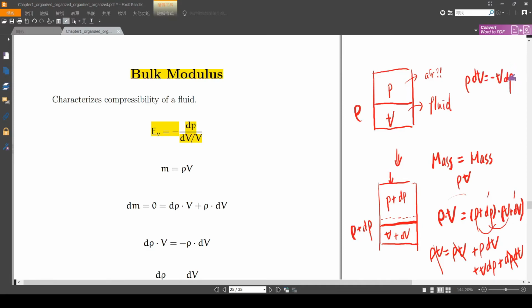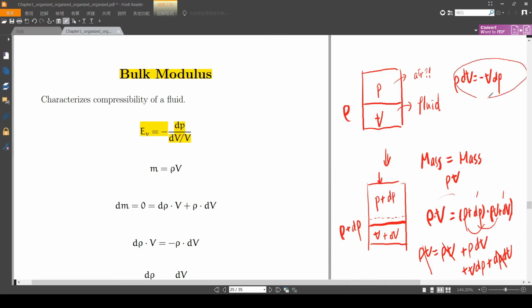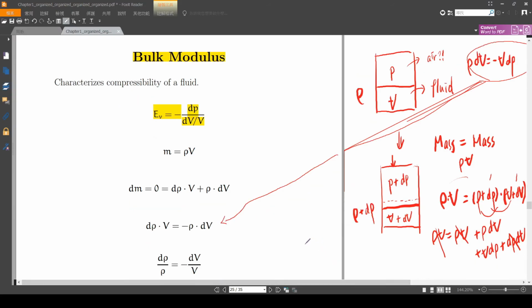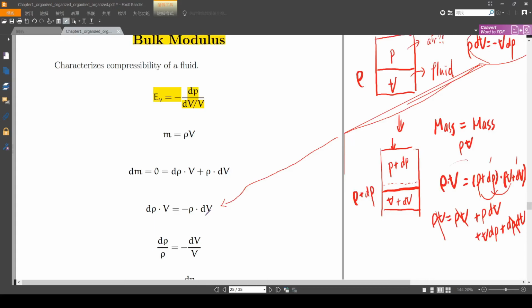Right? So this is this part. Oh, okay, it is here. And then because you have this relationship, you just bring it back to the original definition, right?